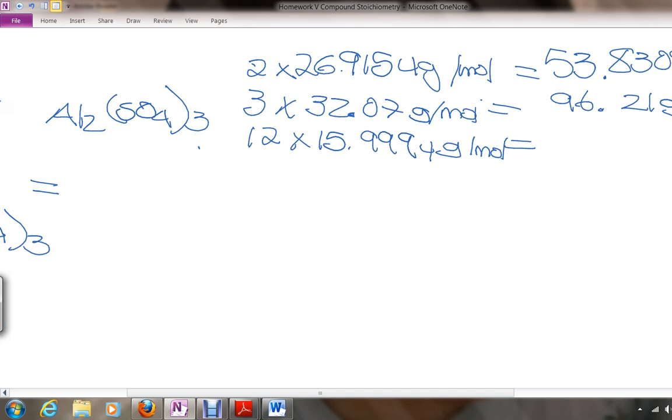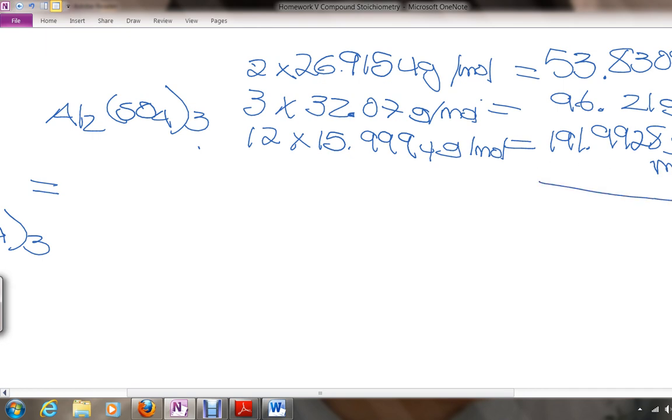And finally 12 times 15.9994 equals 191.9928 grams per mole.